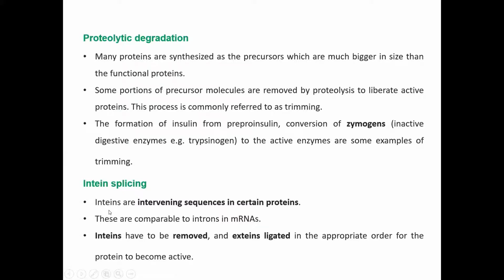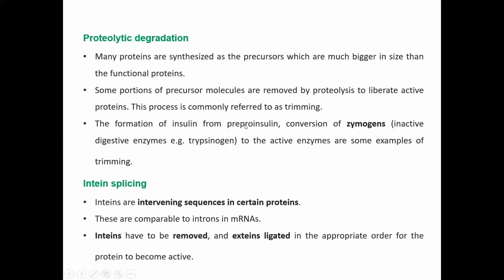Next, the second modification is again included in the insulin example itself: intein splicing. The intein is the intervening sequence in certain proteins. It can be compared to the introns in mRNA. These intervening sequences are removed and the exteins are joined together.